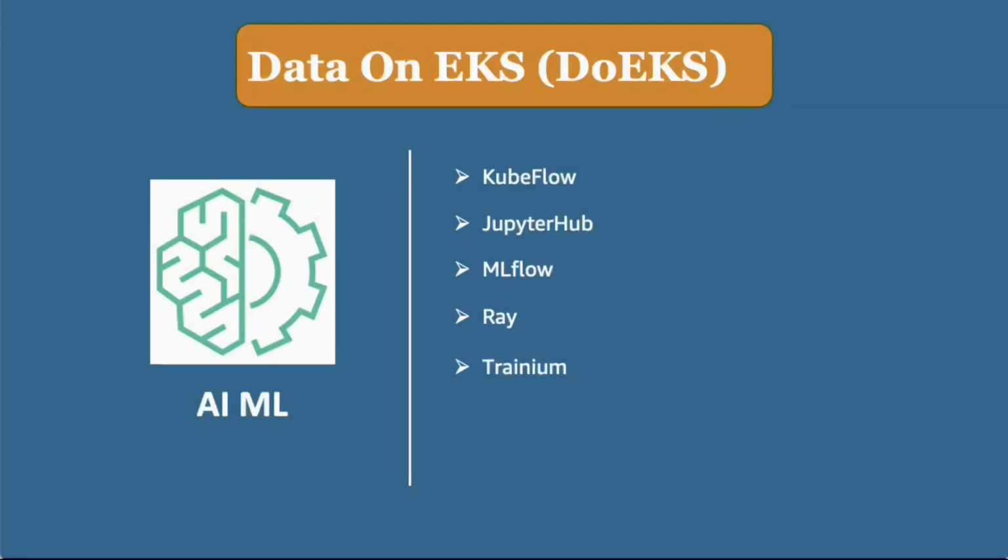Trainium is a hardware accelerator provided by AWS to train models, and Inferentia is one more chip focused on inferencing workloads at scale and at a reduced cost. And there are a lot of NVIDIA-based GPU EC2 instances available for training and inferencing as well. All of these are provided through the AI/ML workload.